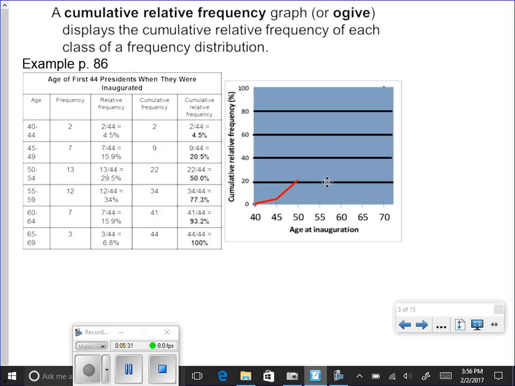The next one, 50 to 54, is at 50%, so this line has to connect to 50. The next line will connect to 77.3. The next one to 93.2, and then till we get to 100%. And that would be my ogive. And I can actually read information off of this graph as well. I'm going to show you that in just a second.